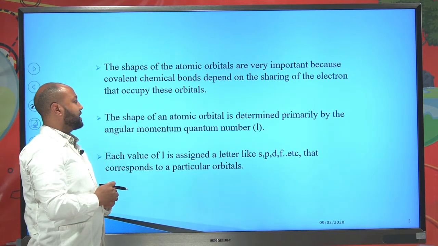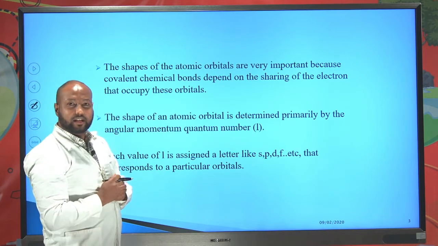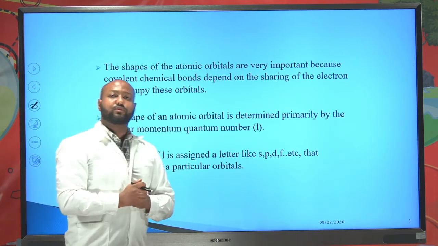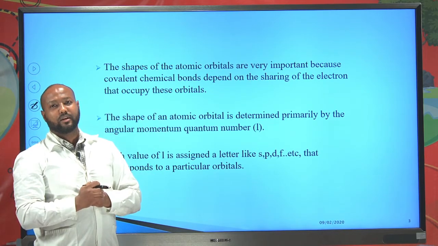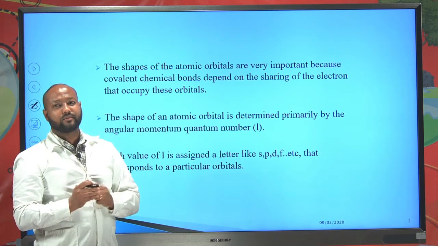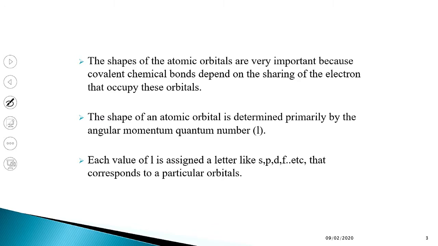The shape of an atomic orbital is determined by one of the four quantum numbers. As you know, there are four quantum numbers. The first one is the principal quantum number, which tells us the energy of an orbital.